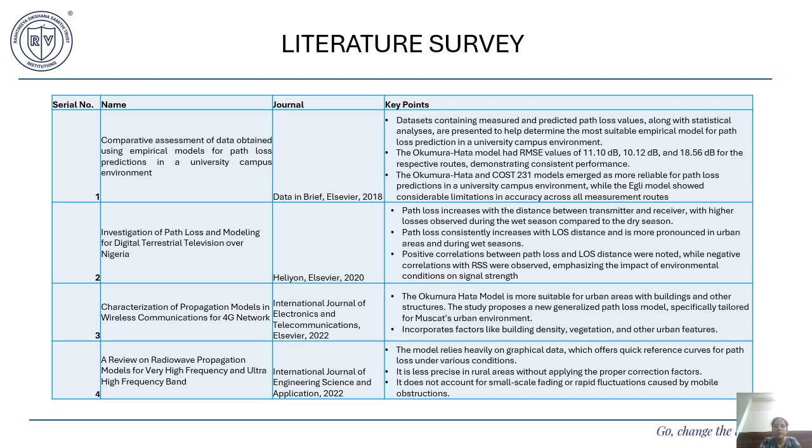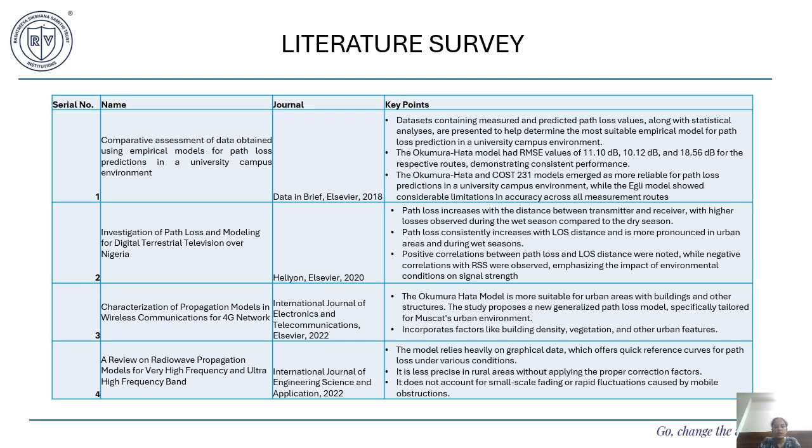This was a relatively small but detailed model, and on similar lines there were two other models made on a larger scale. One was in Nigeria, for the determination of path loss and modeling for digital terrestrial television signals, and the other was for wireless communication for a 4G network, specifically tailored for Muscat's urban environment.